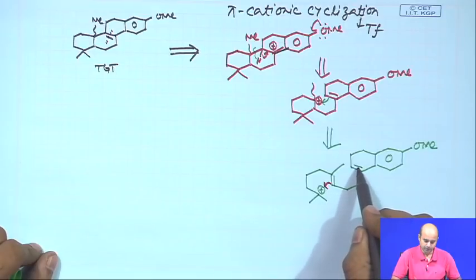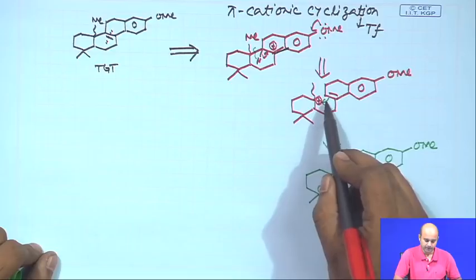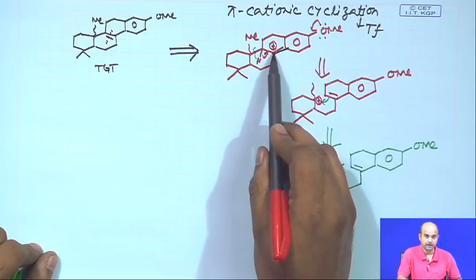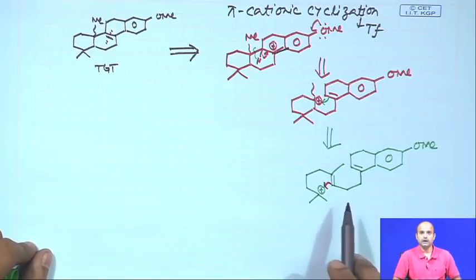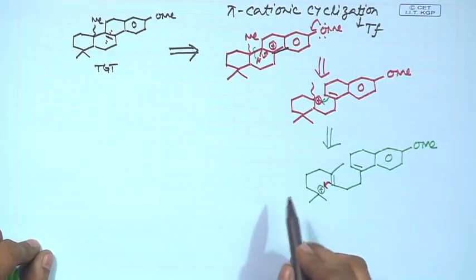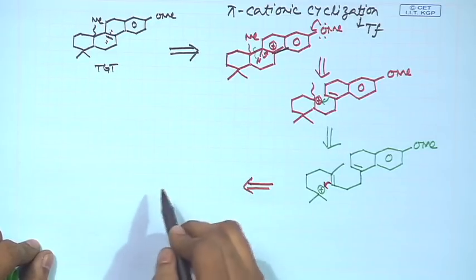Now, this pi electron will undergo electron shuffling to this carbocation, and it will give a para-methoxybenzyl cation. So, stepwise carbocations will be generated and will undergo cyclization. Now, we will try to figure out the suitable starting material.